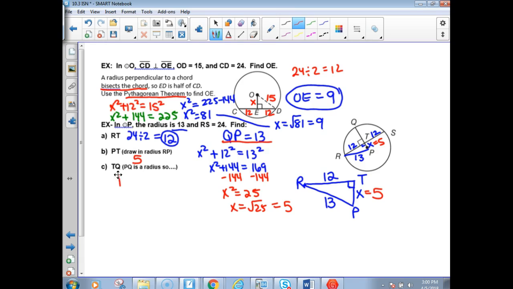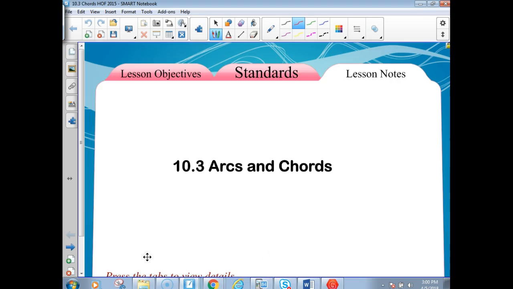Well, it would be 13 minus 5, so it's 8. Hope we understood where I got 8. Questions about where I found the 8? Oh, all right, that is the end of the ISN. Let's try some more problems in the packet.